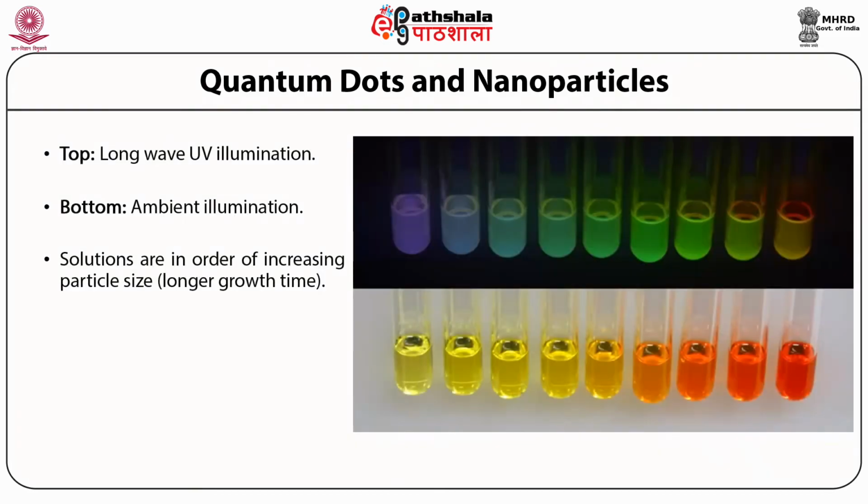The materials with dimensions in the nanometer scale are called nanoparticles, and they are frequently investigated by researchers to study the novel properties at this scale. The majority of quantum dots are prepared from semiconducting materials like silicon, germanium, cadmium selenide, cadmium sulfide, and so on.